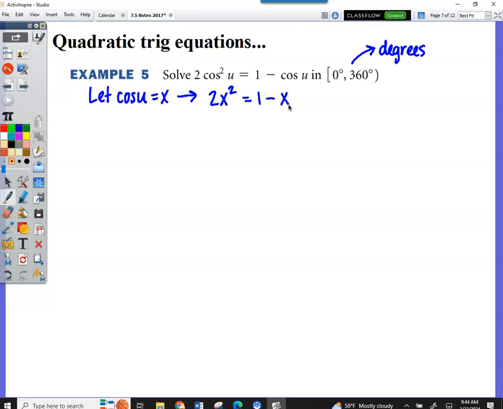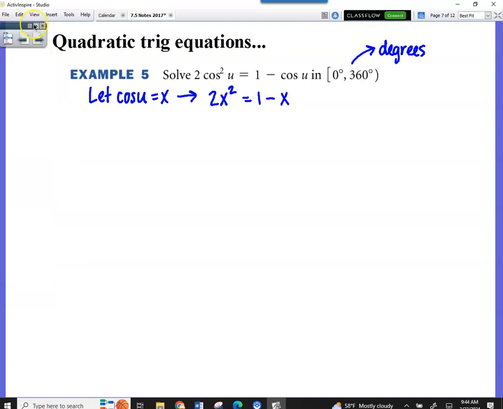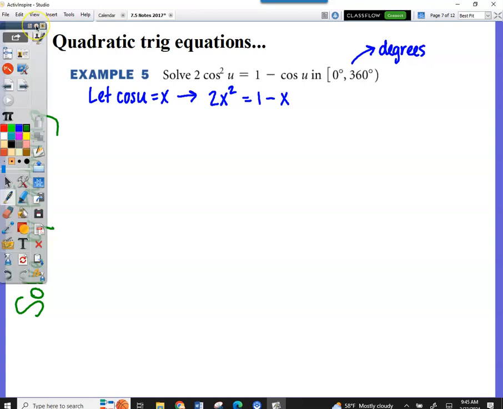And now I can see that I've got a quadratic with 3 terms, which means that I am going to solve by factoring. Remember from factoring, we've got to get everything to one side.